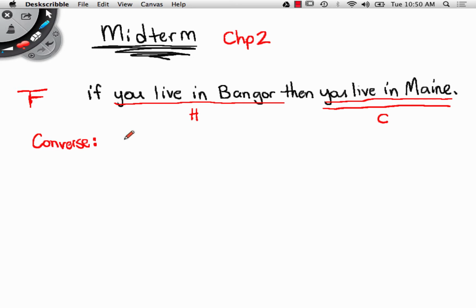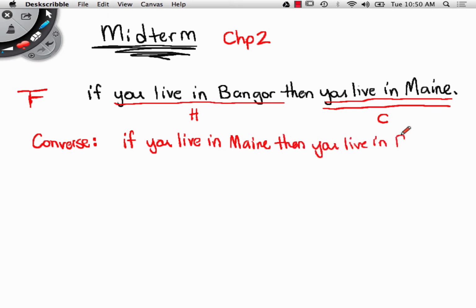So, what would the converse say? If you live in Maine, then you live in Bangor. And now what we have to do is just to test the truth value of that. Is that true? Not necessarily. So this is also false.